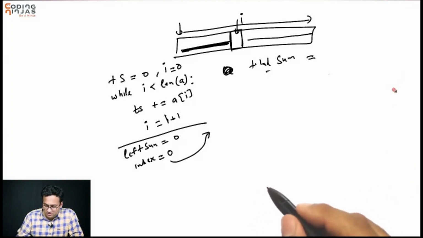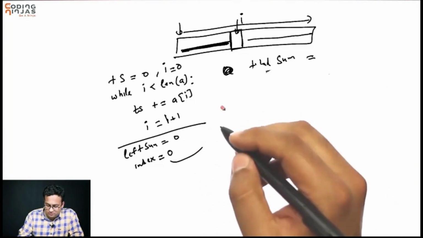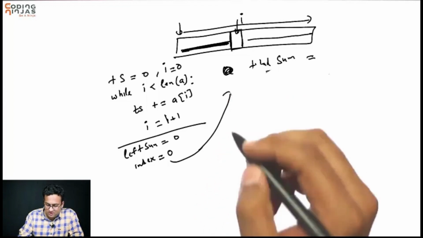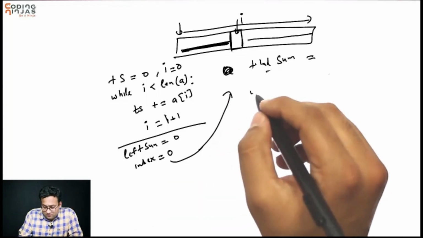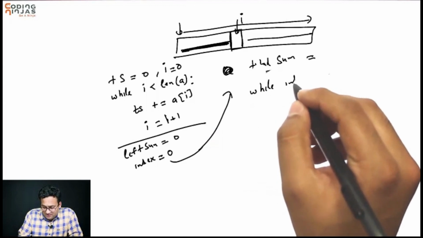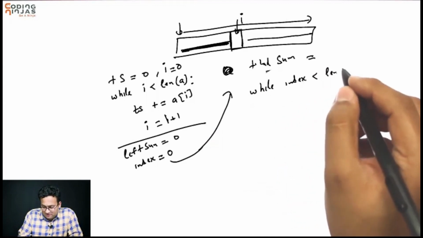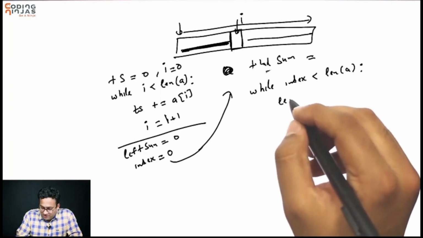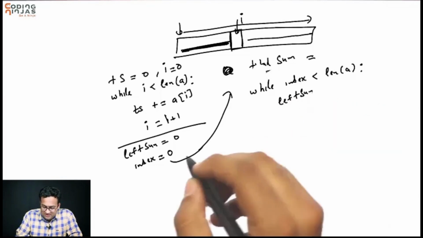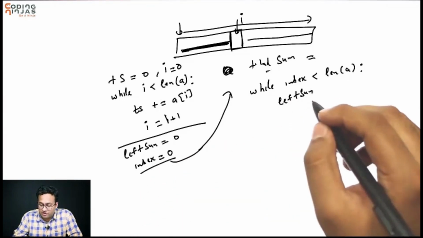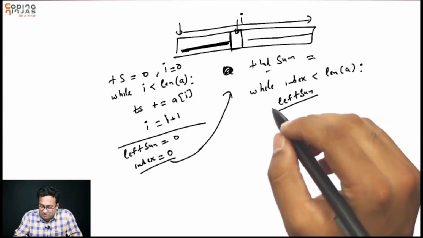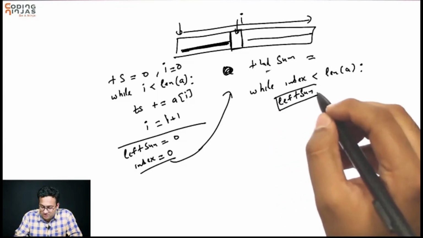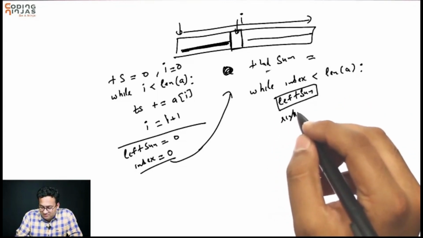Okay, so I'm going to continue here. So while index is less than length of A, what am I going to do? I already know the left sum. For index equals 0, the left sum is correct. So I already know the left sum. I don't have to do anything about this. So ignore this. I'll find the right sum.